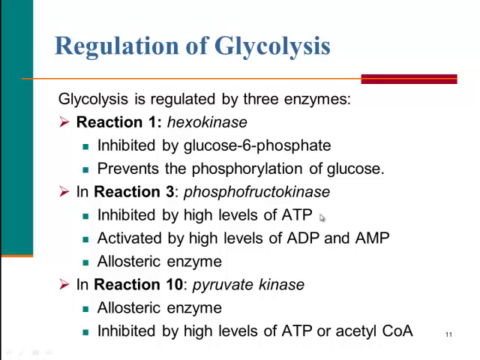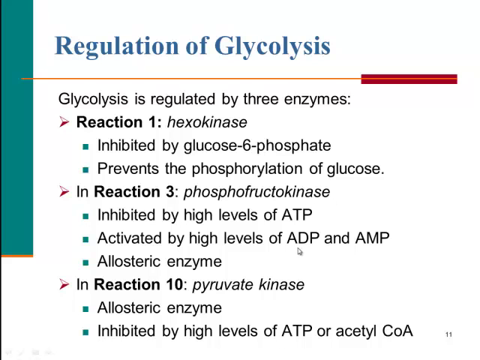So if there are already plenty of ATP molecules present, then this enzyme doesn't need to drive the process of creating more. So high levels of ATP will inhibit this enzyme, phosphofructokinase.